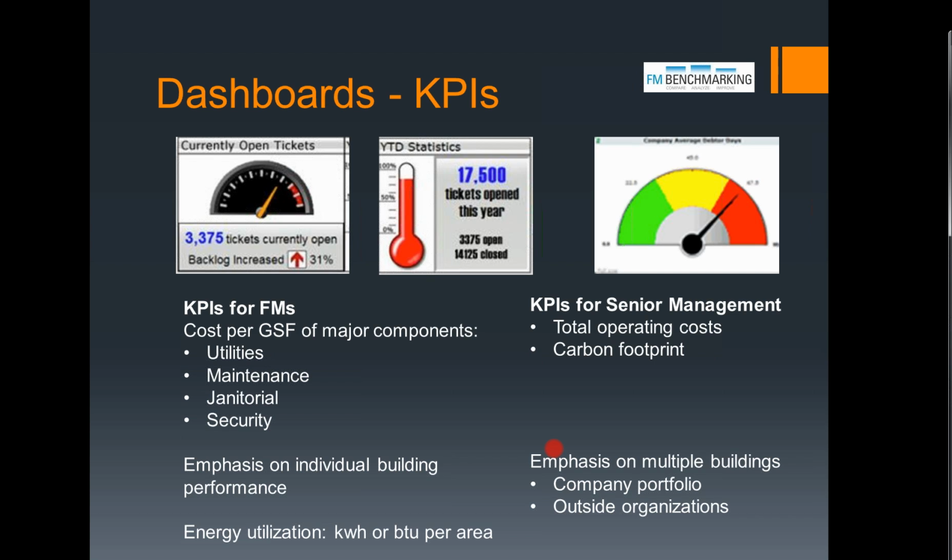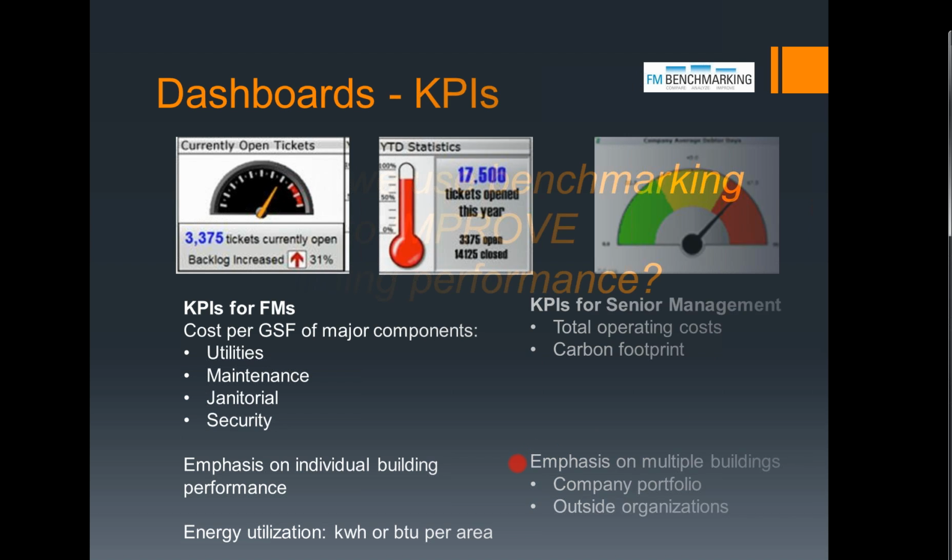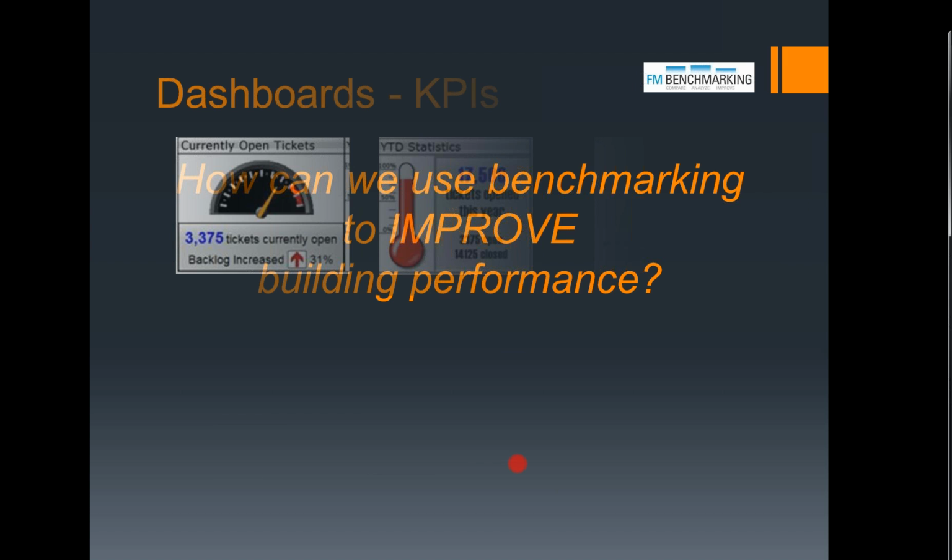So if you give them total operating costs and carbon footprint, and how the total company portfolio is doing, they're probably not interested in your individual building performance. It's useful to tell them that you've got the data and you can break it down by that, but it's not too terribly important, and you may lose their attention if you try to go too deep. But what you look like in terms of the company portfolio and how you compare with outside organizations are really key aspects of what senior management is interested in. Next slide.